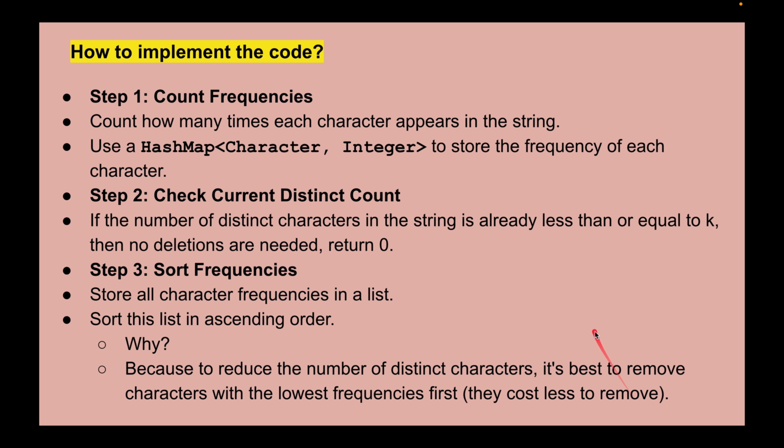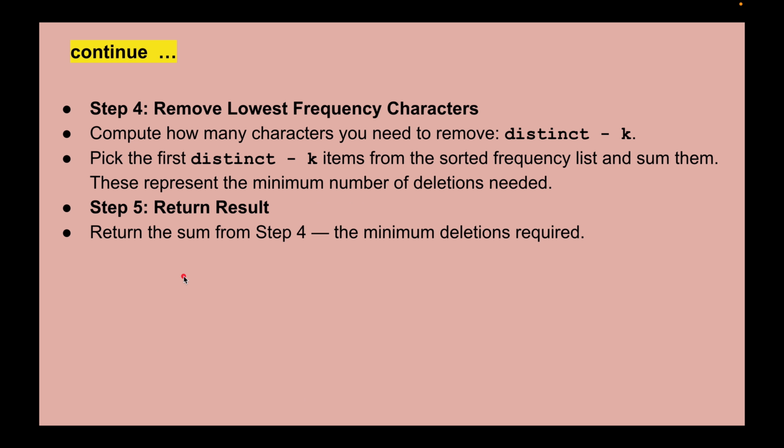So first of all, we'll count the frequency, right? If the number of distinct characters is less than or equal to k, return 0. Otherwise, we will sort the frequency in ascending order, and then we'll calculate how many distinct characters we need to remove.